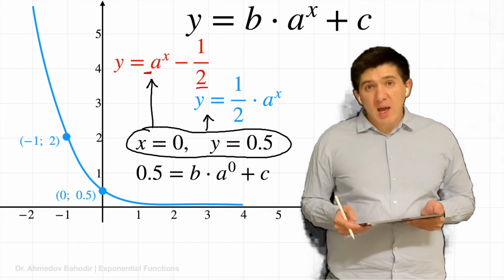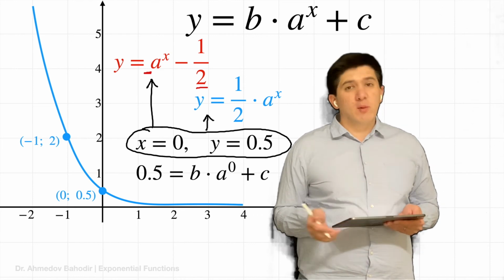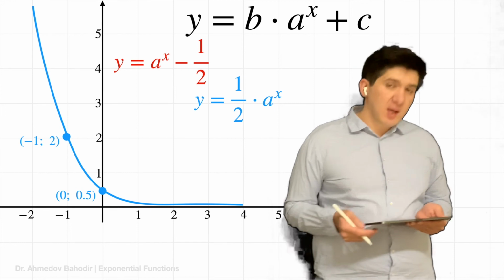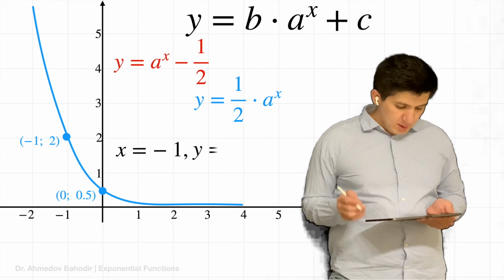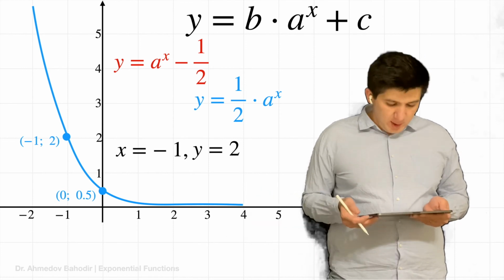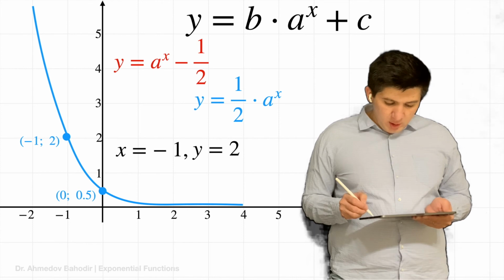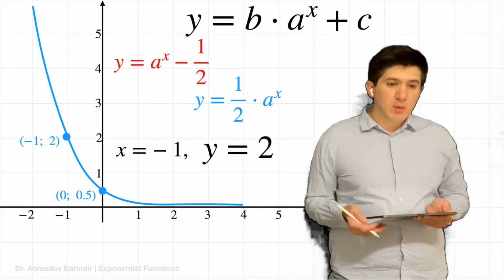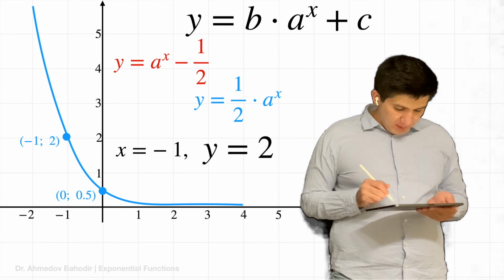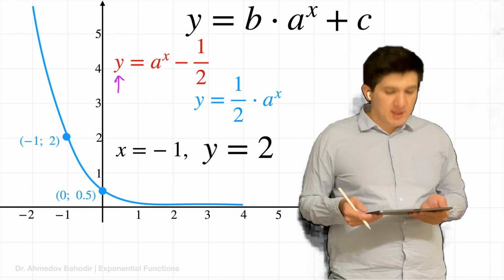So what we now need to decide is what is the exact form of this exponential function and what is the value of a. In order to do this, we're going to use the coordinates of the second point, where x is equal to -1 and y is equal to 2. And as we did before, you see, the value of y equal to 2 is an even number. And in this form, we are never going to get an even number.